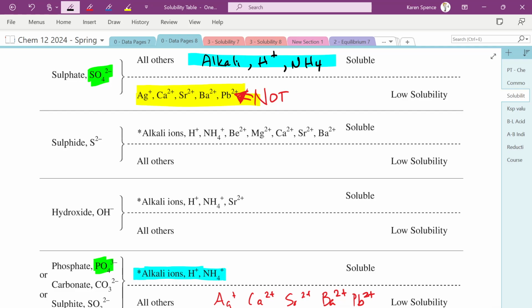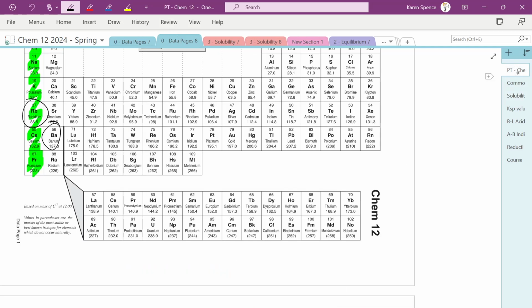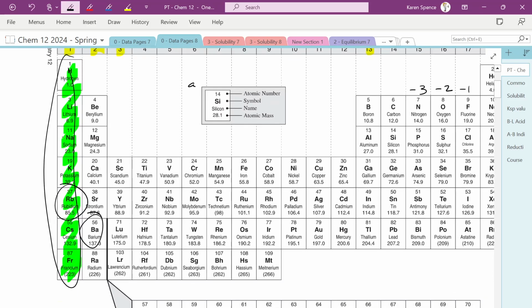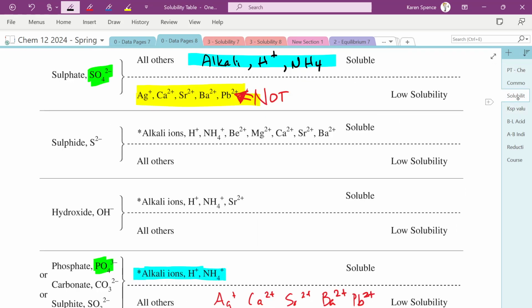All your alkali ions, like sodium, potassium, lithium, would precipitate neither. So what are you left with? Everything else. Seriously, you can go to your periodic table and pick something. We cannot use the alkalis. We cannot use silver, calcium, strontium, barium, lead.